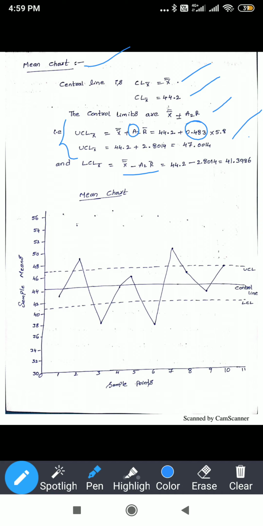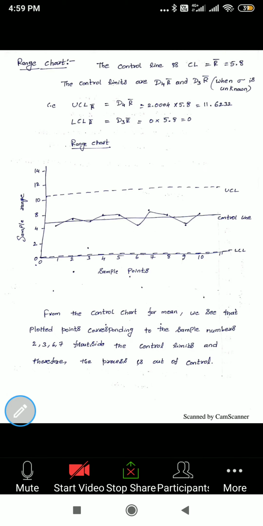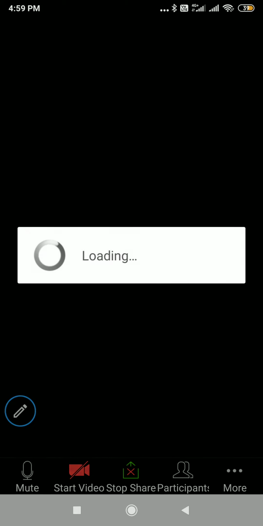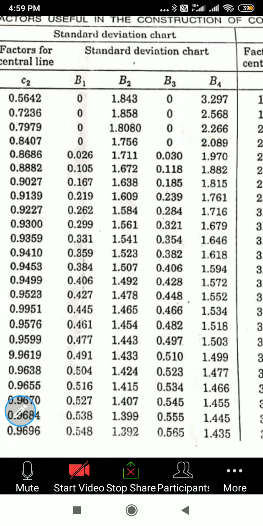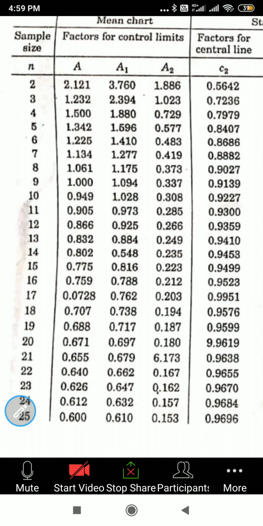How do we get this A2 value from the statistical tables? See the statistical table. These are the sample sizes, not the total samples.